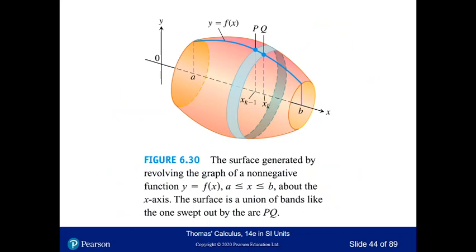Now, if you remember, we talked about AB distance, and then we rotated around the x-axis, and we get a strip like that, and we were able to find the area of that.